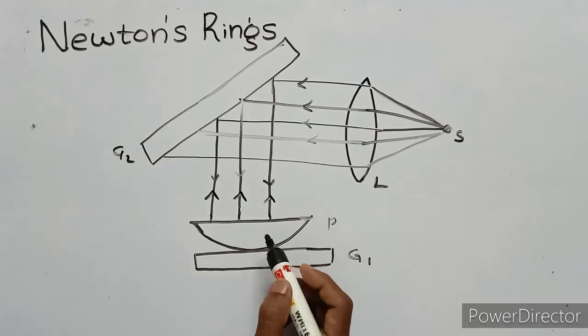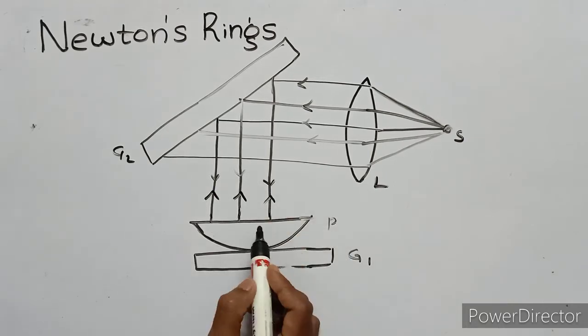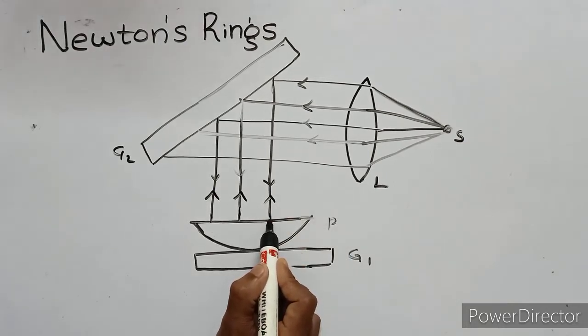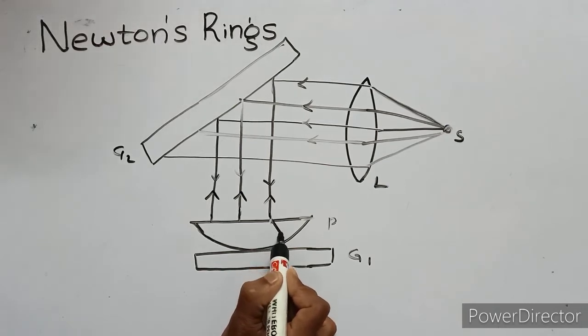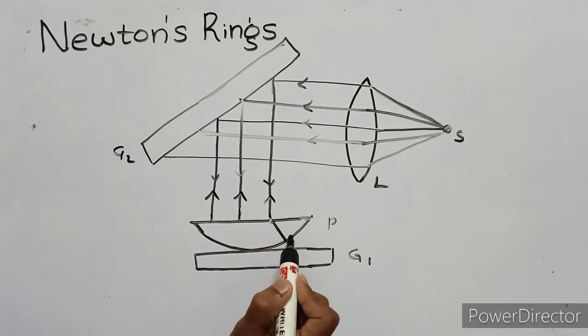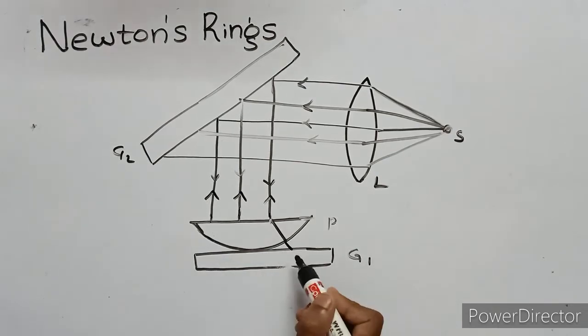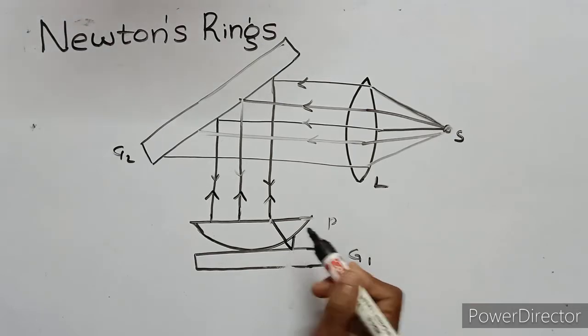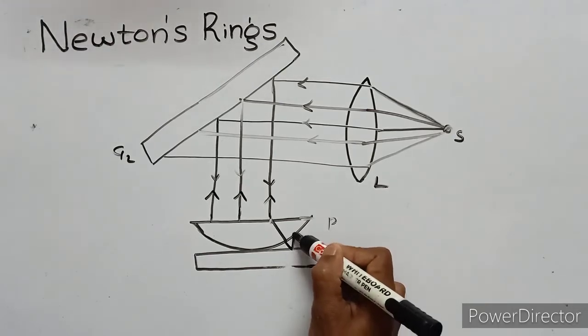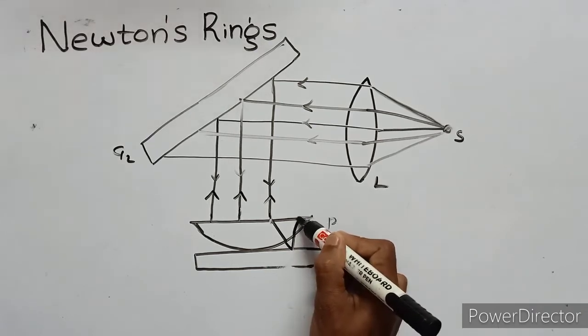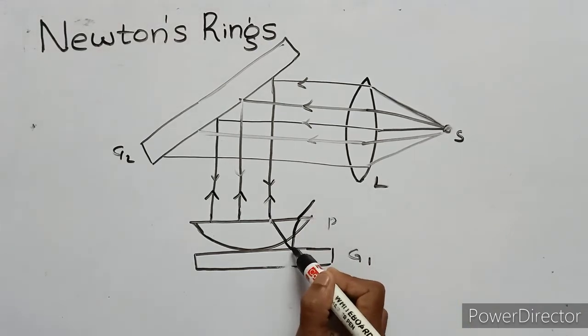For example, this light ray is refracted in the glass medium, reflected, refracted and transmitted.